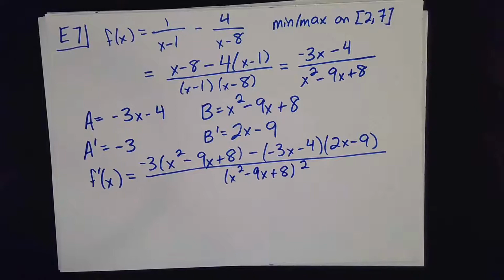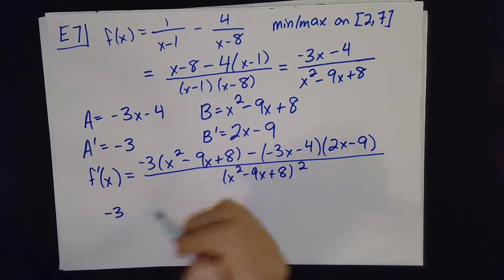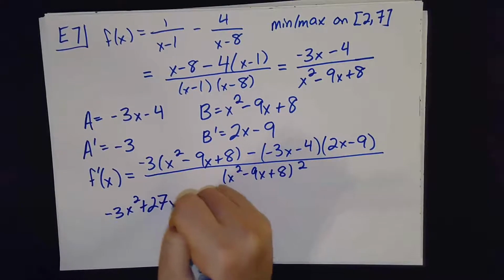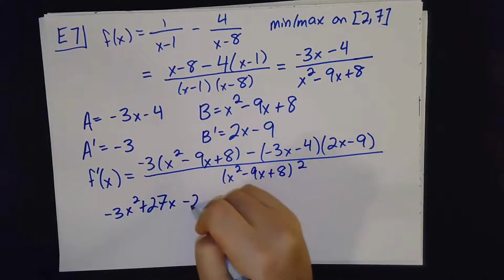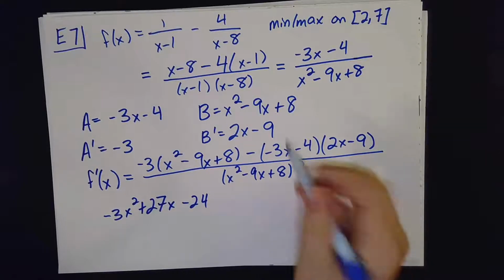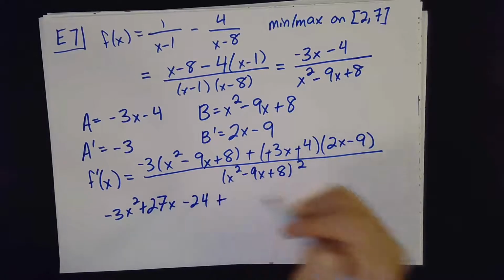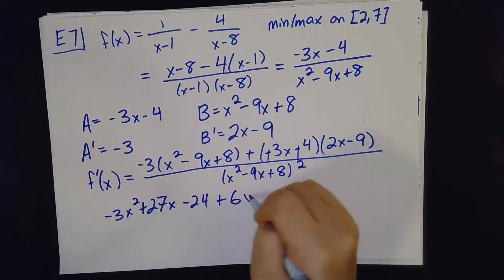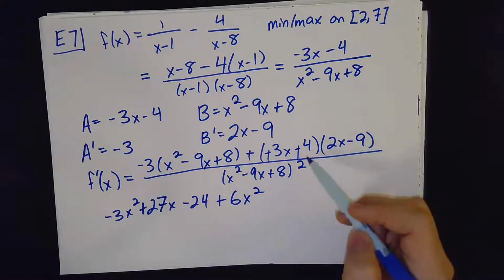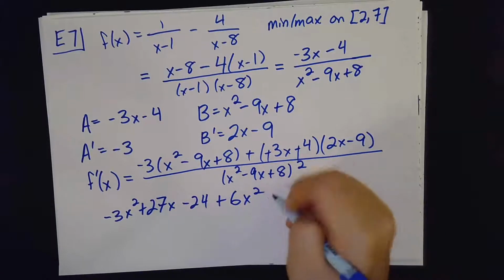Okay. I really only need the numerator here. So it's going to be minus 3x squared plus 27x minus 24. And then it is going to be plus 6x squared. Let's see, that is a minus 27x plus 8x, which will be a minus 19x.